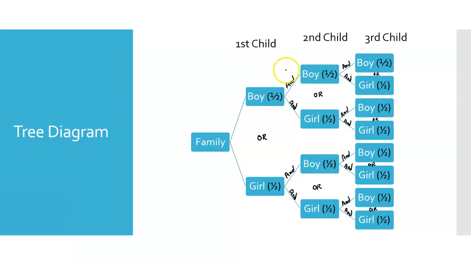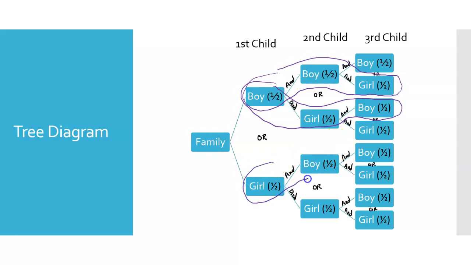So there are 3 branches of 2 boys and 1 girl. I'm going to just kind of circle them. There's one branch here. And then I have a boy, a girl, and a boy. So here's a second branch. And then I have a girl, a boy, and a boy.